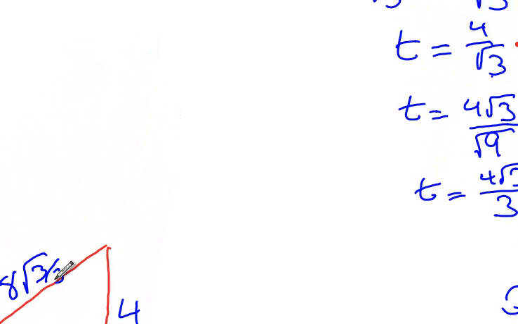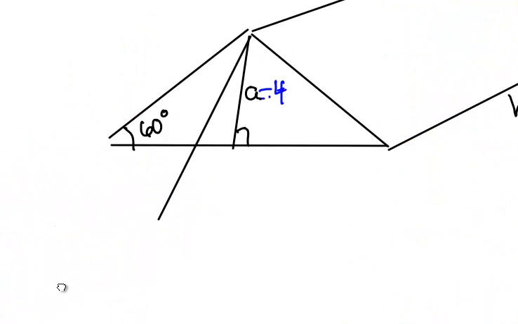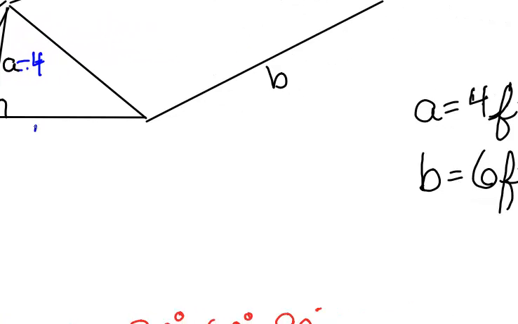So I now have all of these sides that I can place in here. This is 8 square root of 3 over 3, and this is 4 square root of 3 over 3. Which also makes this side 4 square root of 3 over 3, and this one 8 square root of 3 over 3. And this was equal to 6.